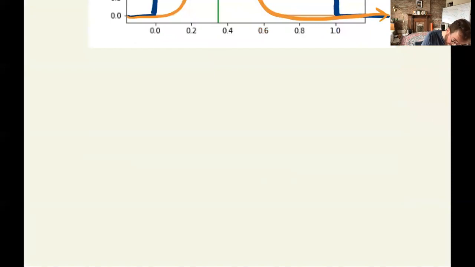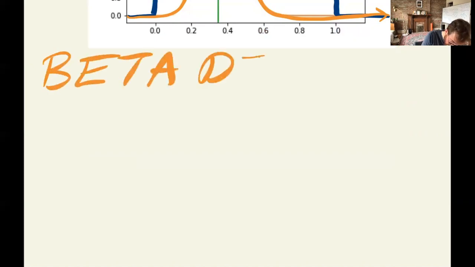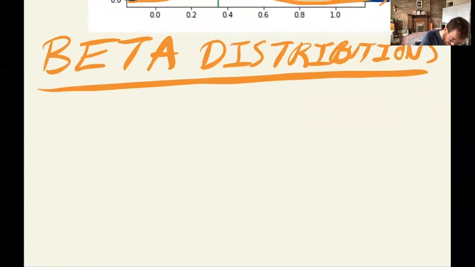And so we now have our final distributions for the semester. These are called the beta distributions or beta densities. And it looks something like this.